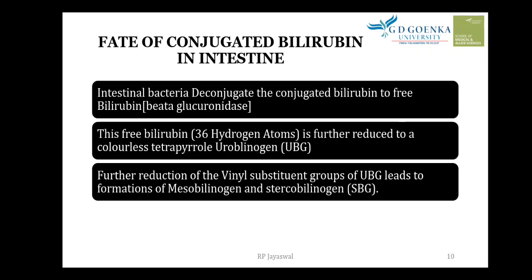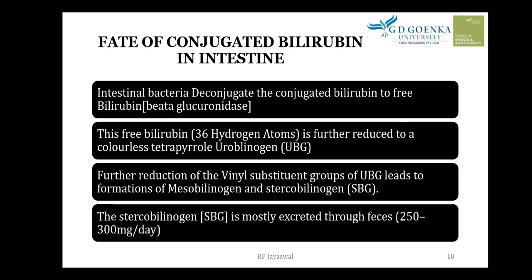Basically, in urobilinogen, the vinyl side chain is reduced, and we get mesobilinogen and stercobilinogen as a result. The stercobilinogen is mostly excreted through the fecal material. It is expected that 250 to 300 mg per day of stercobilinogens can be excreted through the fecal material.